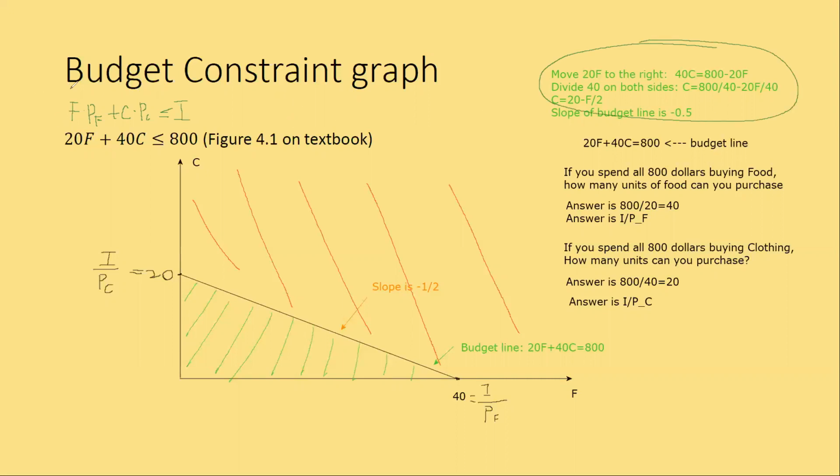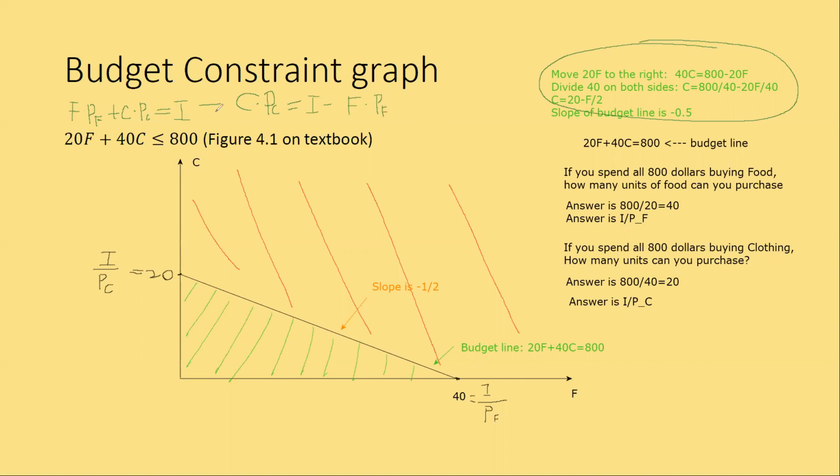We can first move our F times PF to the right of our equation. So let's say we have an equal sign here, because we are looking at the budget line. The budget constraint is what is on and below this budget line, and the budget line is this straight line itself. So if we move F times PF to the right of the equation, we have C times PC equals I minus F times PF.